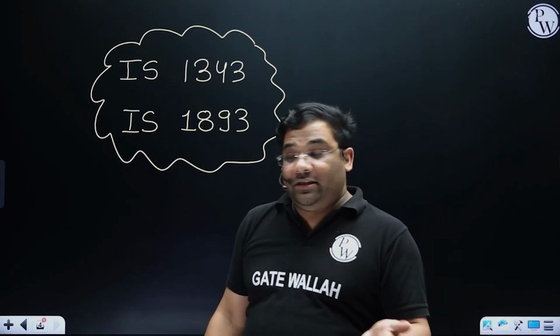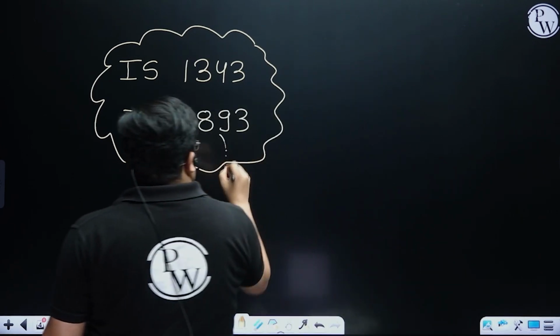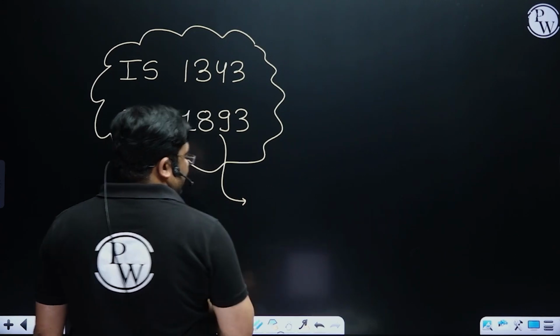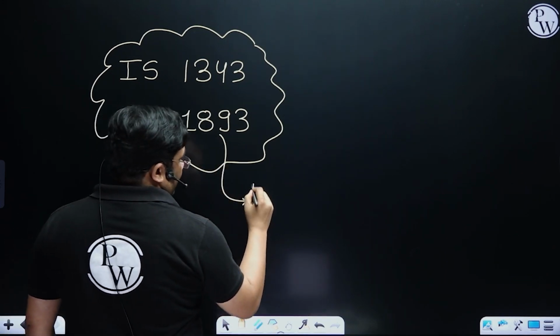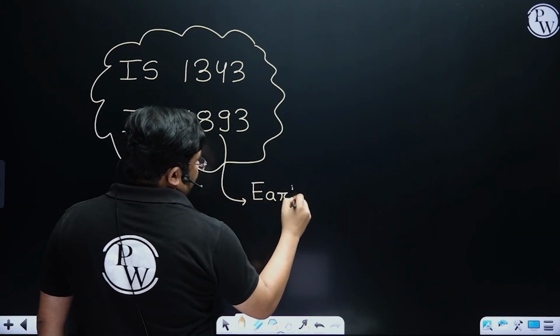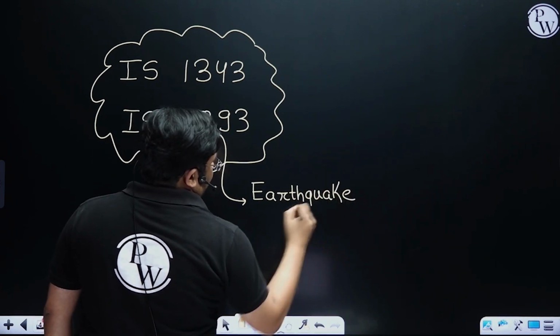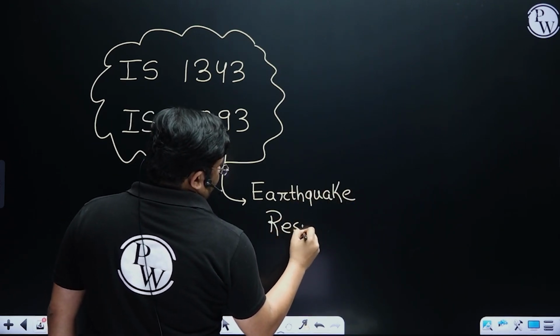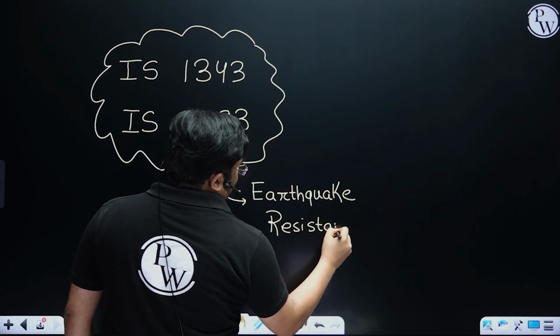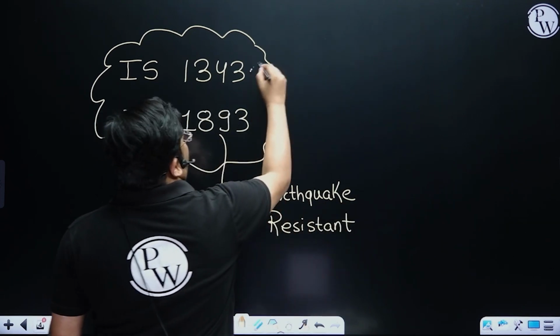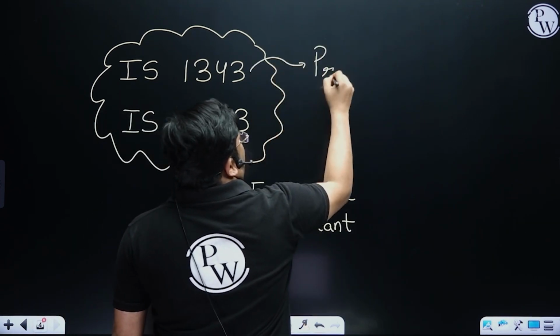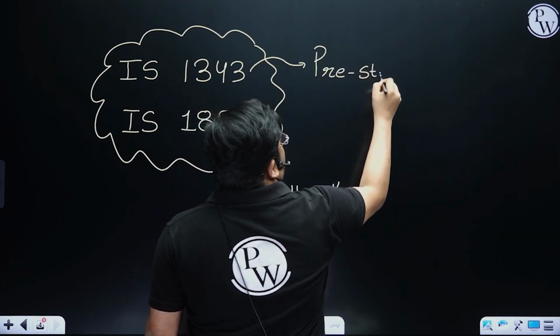Your concrete structures. Now IS 1893, that is where you are going to study your earthquake resistant structures. And if I am looking at IS 1343, we are talking about your pre-stressed concrete structures.